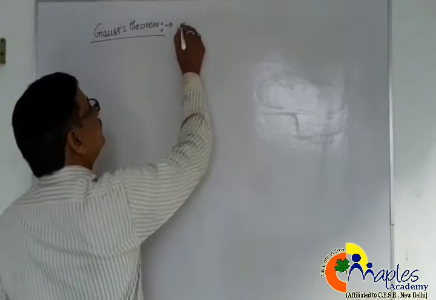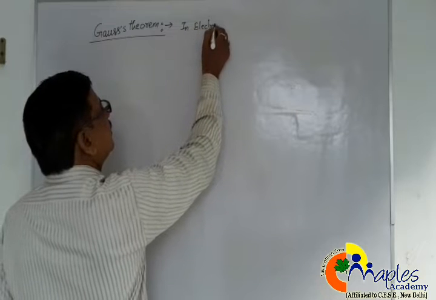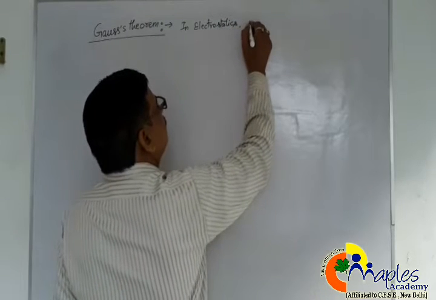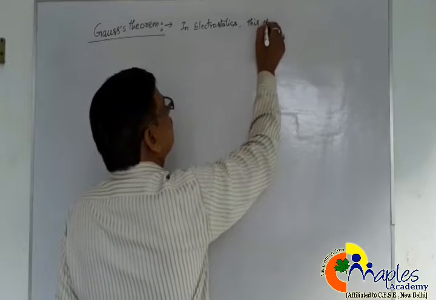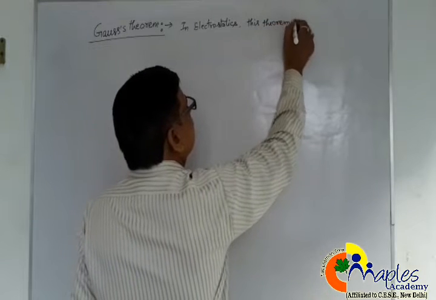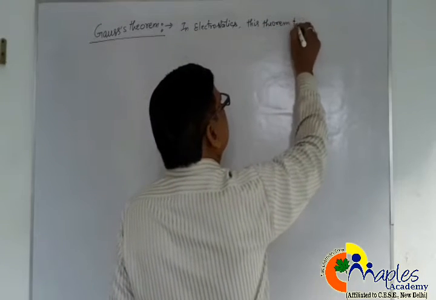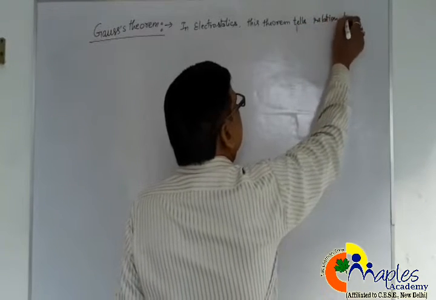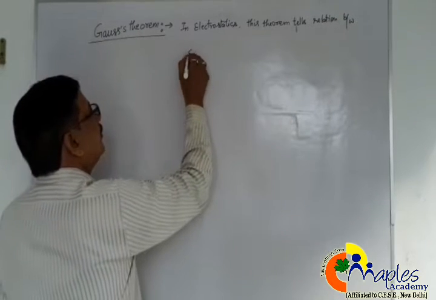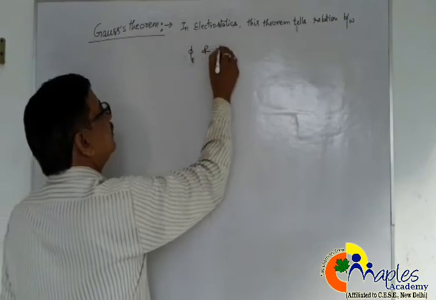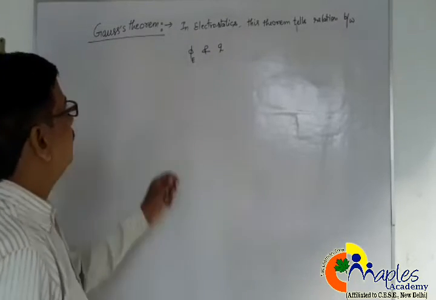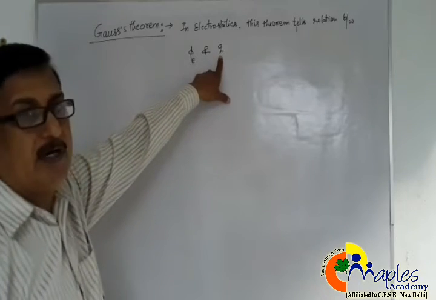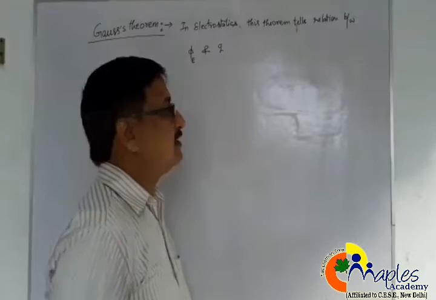In electrostatics, this theorem tells the relation between flux and charge. Which flux? The flux passing through a closed surface, and what charge? The charge enclosed by the surface.